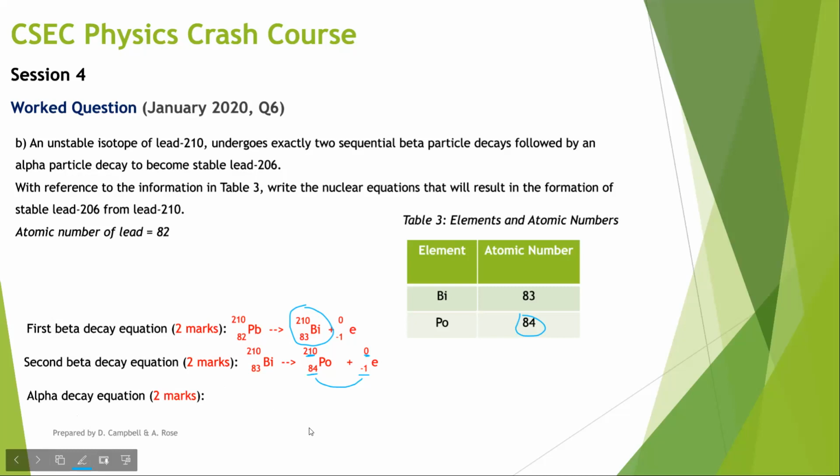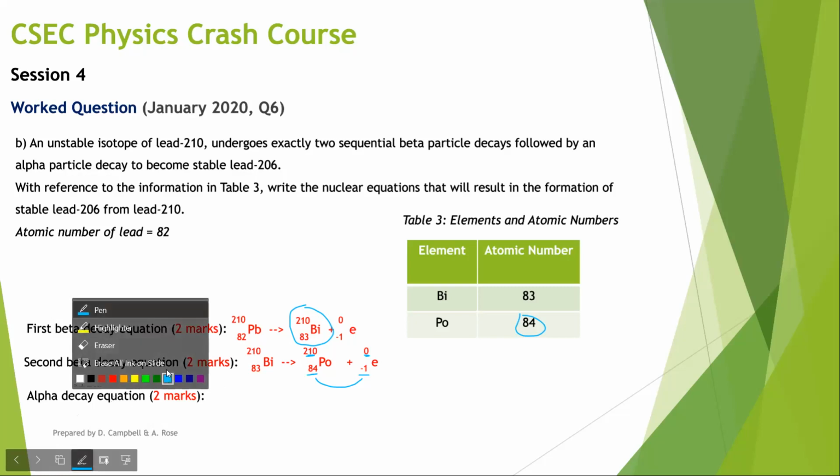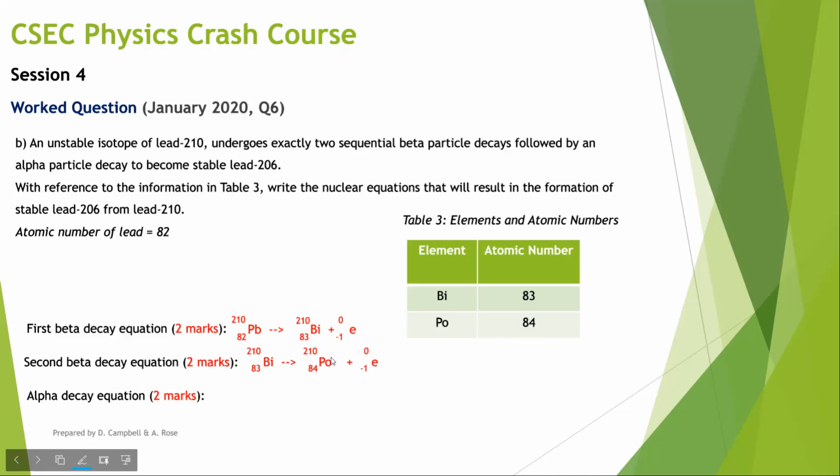All right. Now for the alpha decay equation, we'll use the daughter nuclide, polonium, which is now going to become the parent nuclide. Remember we said the end product is stable lead-206. So we start off with polonium, and that undergoes alpha decay to give stable lead-206.